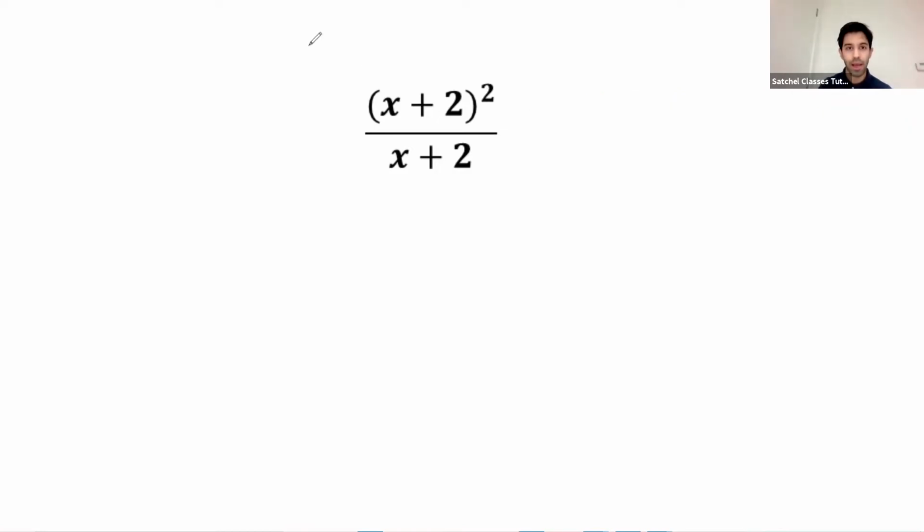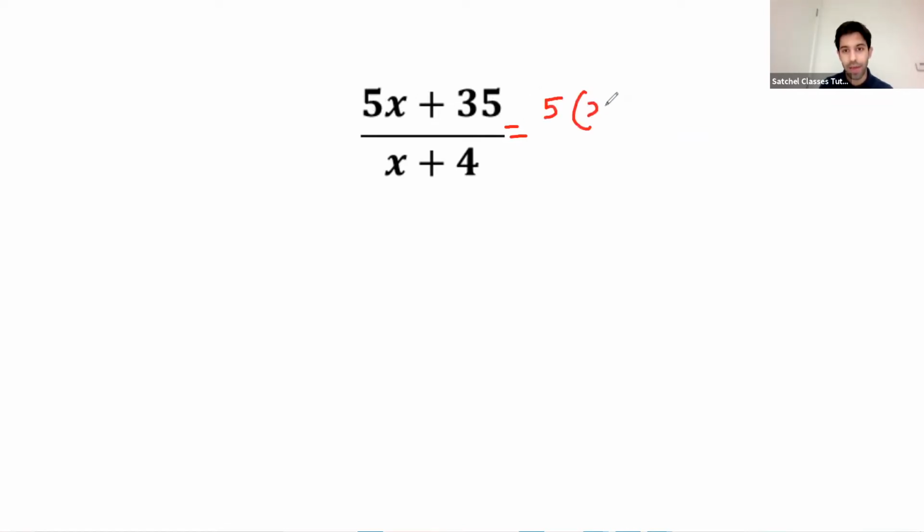And let's do one more. So here we have 5x plus 35 over x plus 4. Now let's start by factorising. So we'll have 5 times x plus 7 over x plus 4. Now in this case, we can't simplify this anymore. Nothing will cancel out.